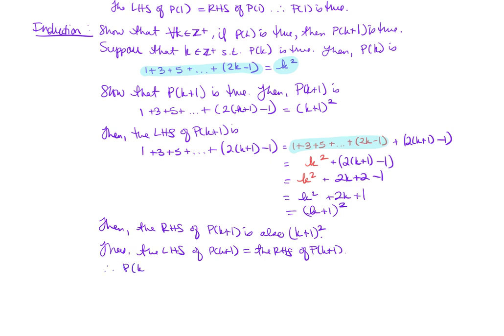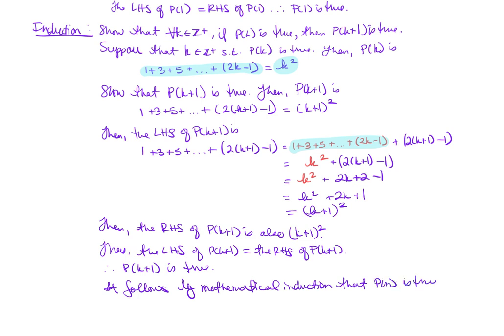Therefore, P of k plus 1 is true. So we would say it follows by mathematical induction that P of n is true for all n in Z plus. And we're finished.